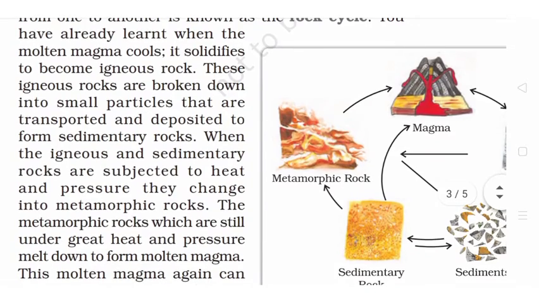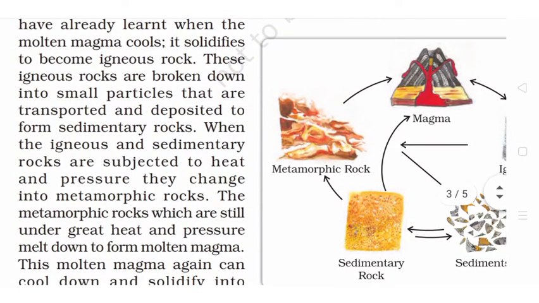You have already learned that when the molten magma cools, it solidifies to become igneous rock. It becomes solid and becomes igneous rock. Then these igneous rocks are broken into sediments or small particles, and then they are transported, taken from one place to another, and deposited.